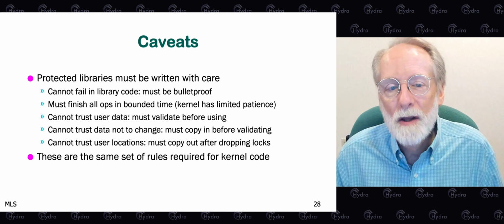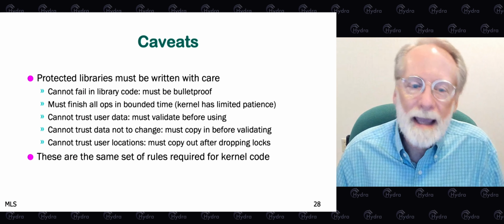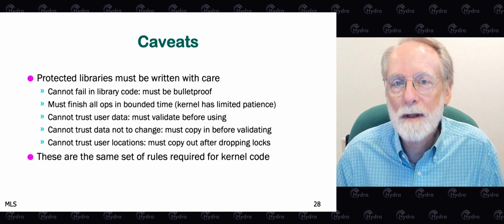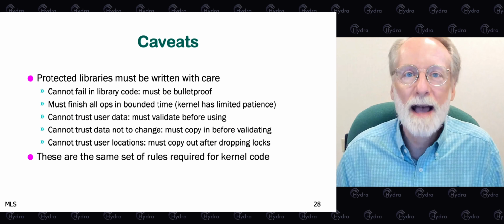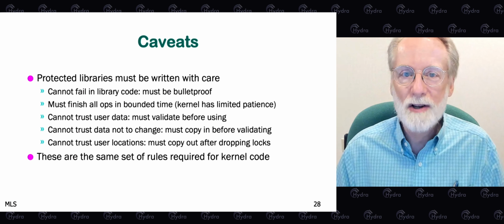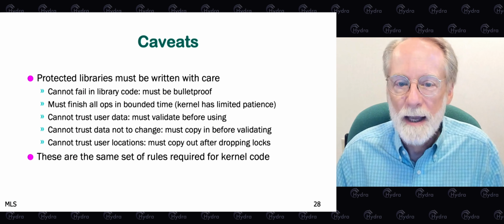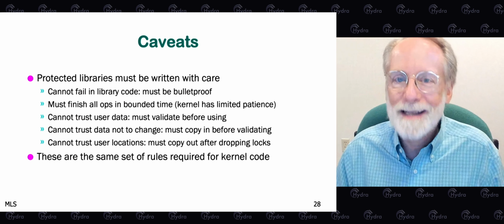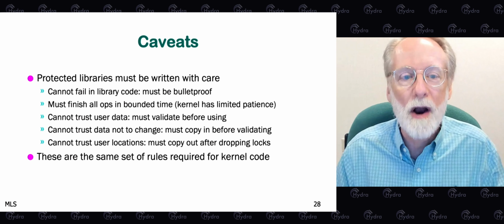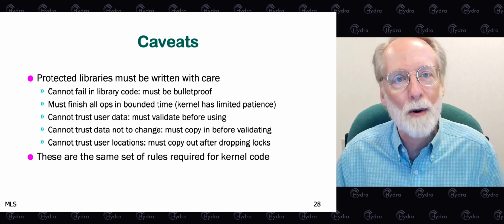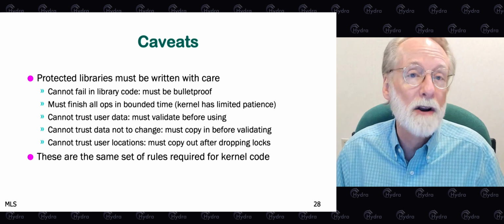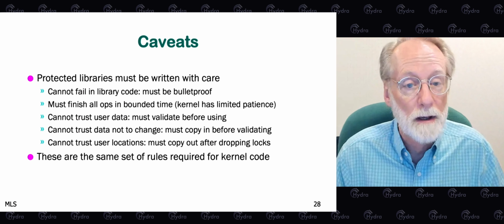Third, code in the trusted library can't trust code that came from the user, just as every kernel call starts by validating its arguments and making sure that all expected preconditions hold for those arguments. So too must code in a Hodor library validate the arguments that it was given by the application.